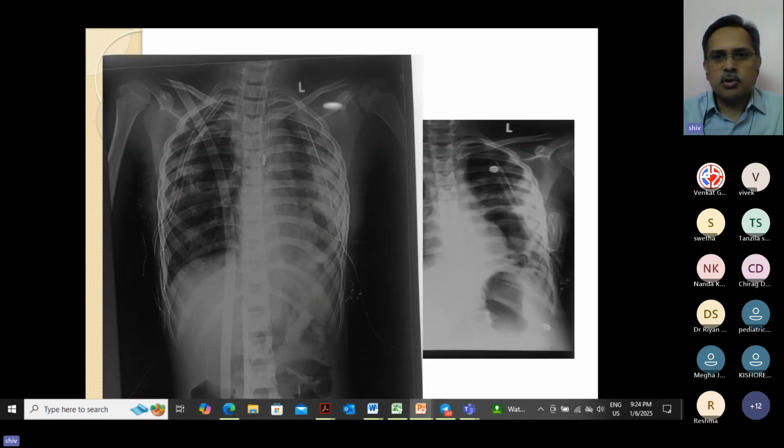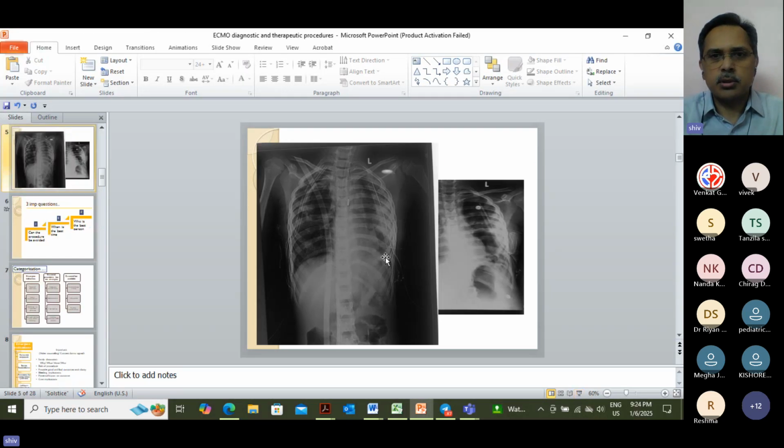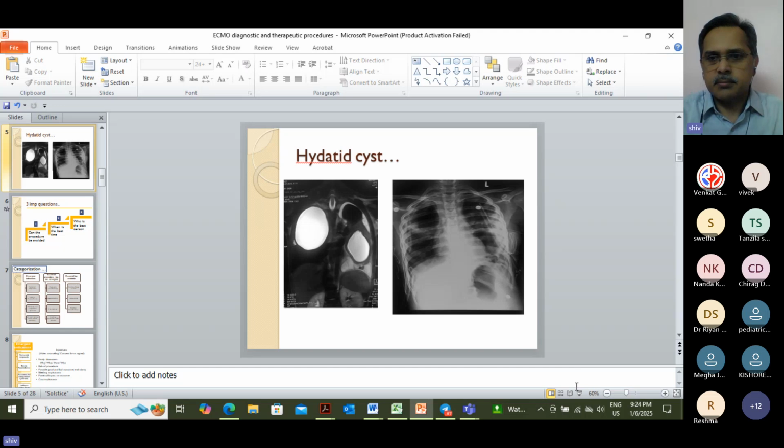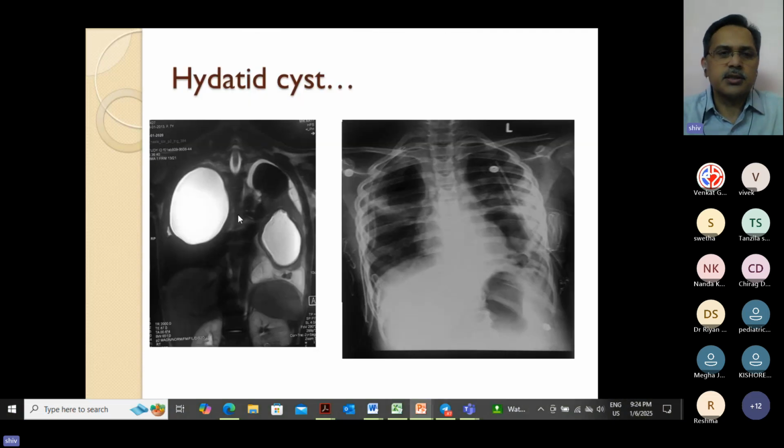Just to share, this was one of our patients who had a huge bronchopleural fistula to begin with. This was a huge hydatid cyst to begin with, and during surgical resection developed bronchopleural fistulas and could not be ventilated, and that's why this child had to go on ECMO for cyst removal and also fistula repair, and after 2 days was taken off ECMO.